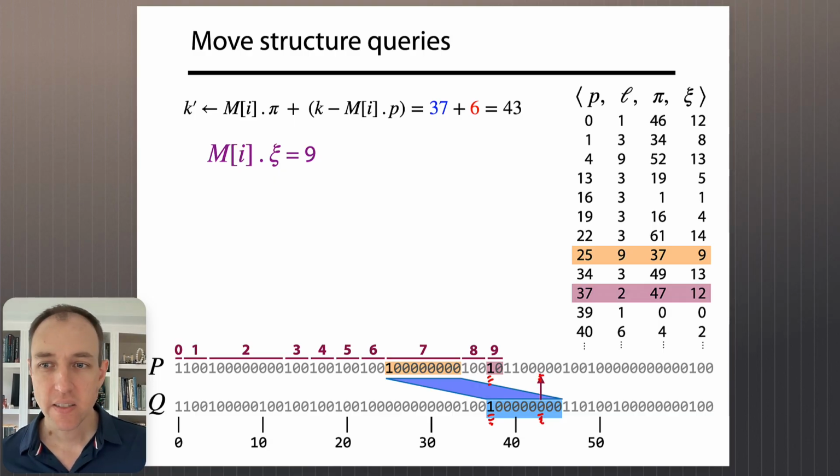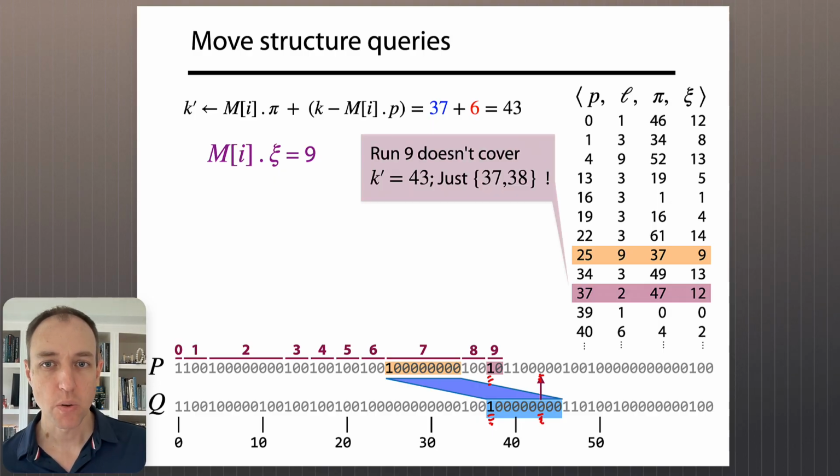So in this case, simply looking up the xi column from the move structure row was not sufficient because that new row only covered offsets 37 and 38. We're over in offset 43, so we need to keep going, right? We need to get there.